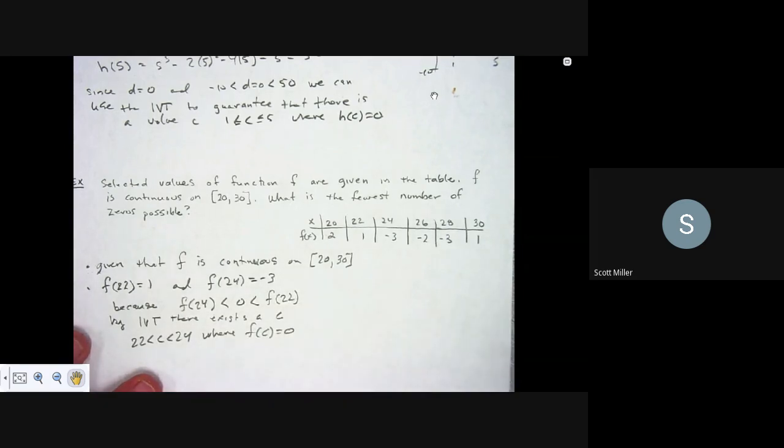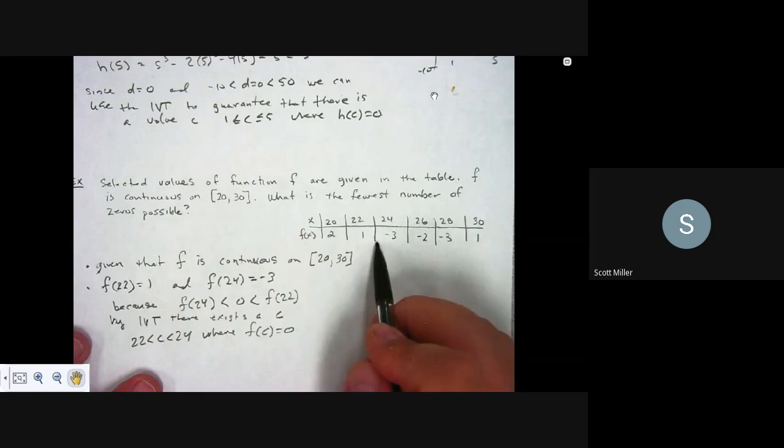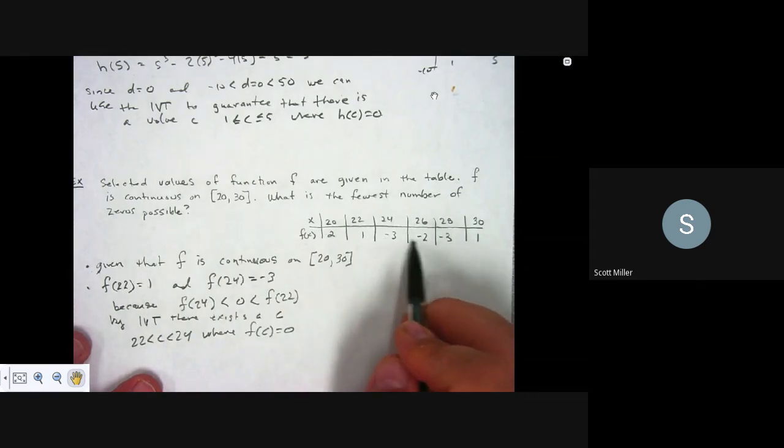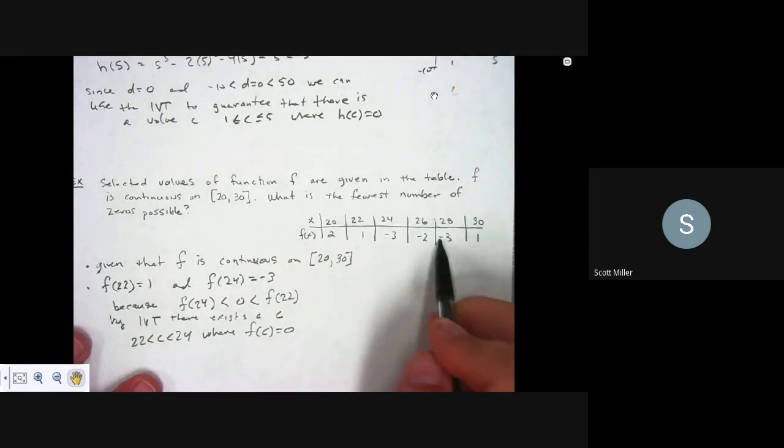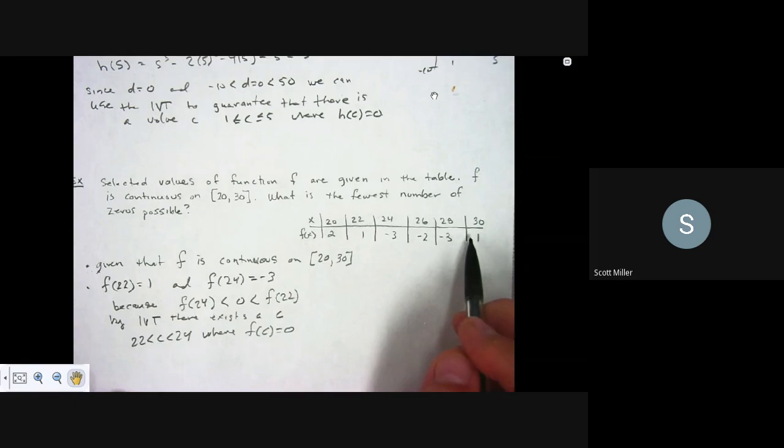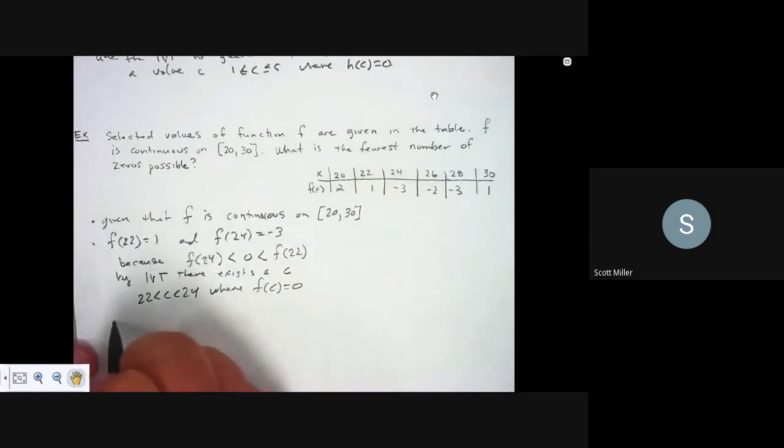So I know this. And if I look over here, I can see, okay, so now I'm in the negative realm, and I know, here it is again. See that switch? So I can make this exact same argument again for this interval right here. And so you can write it all out.